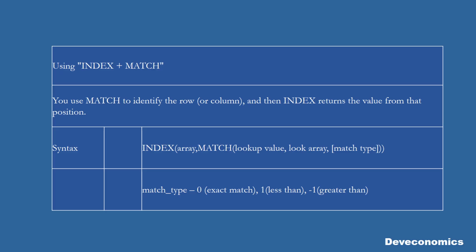This is the syntax: INDEX open bracket, data range or array, comma, then start the MATCH function, open bracket, lookup value in the lookup table, lookup array, then match type. Here also match type 0 is for exact match, 1 is for less than, and -1 is for greater than.